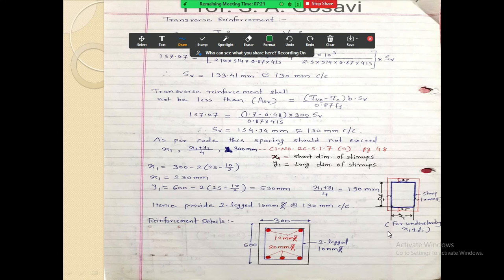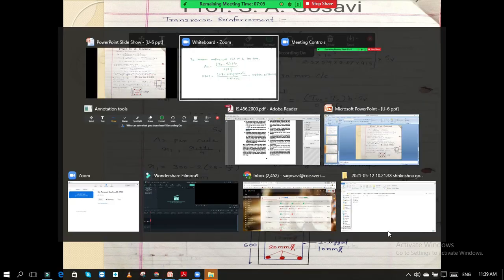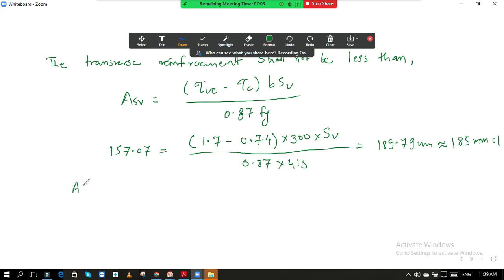Okay, so you can write now, as per IS code, the spacing should not exceed x1 plus y1 by 4 and 300 mm. So I will write here, as per IS 456-2000, clause number 26.5.1.7a, page number 48.